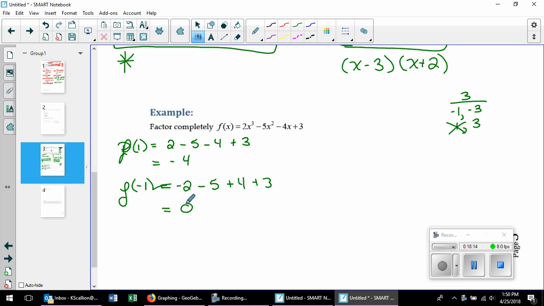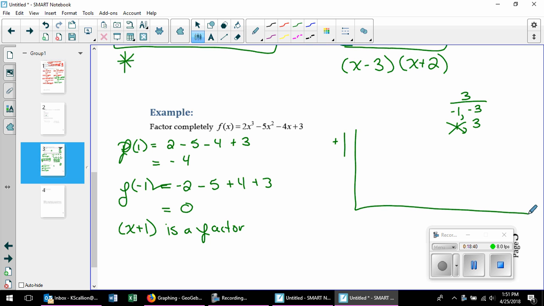So we know that x plus 1 is a factor. I guess if you like to keep going with all the factors, if you get a number like 36, then we've got a lot of factors to check, and I would just hop right into synthetic division. So plus 1 goes on the outside, create my box, and all my degrees are represented.